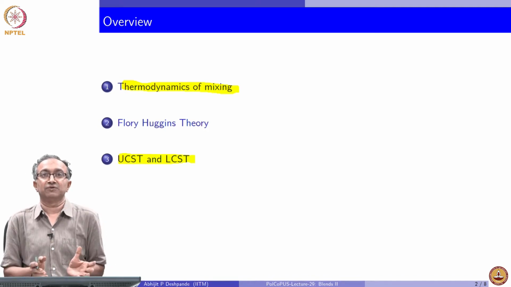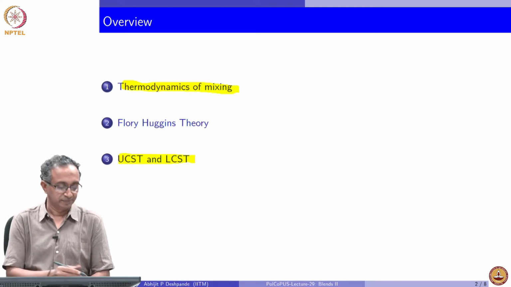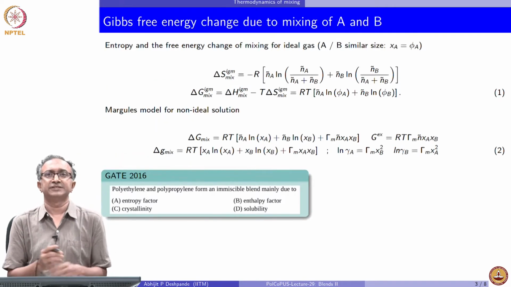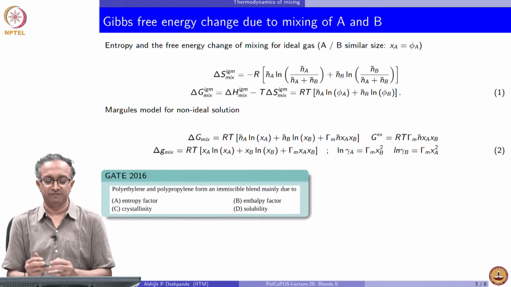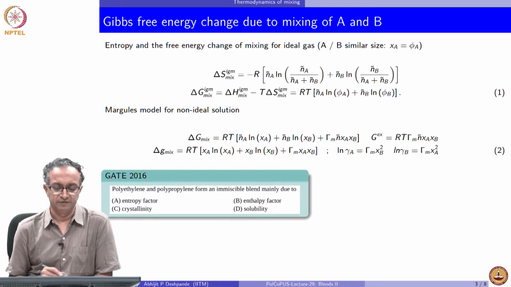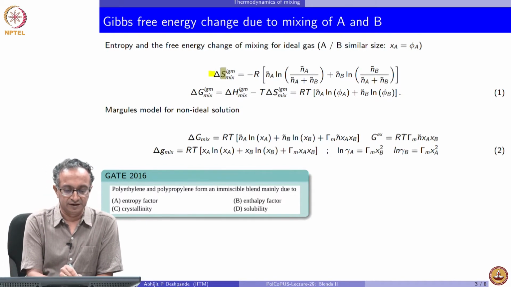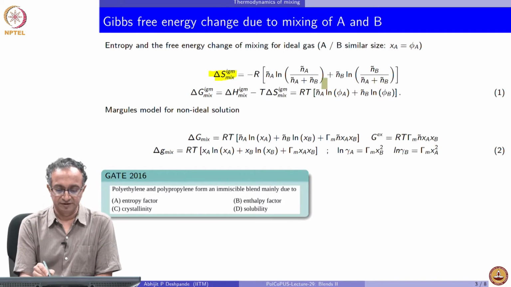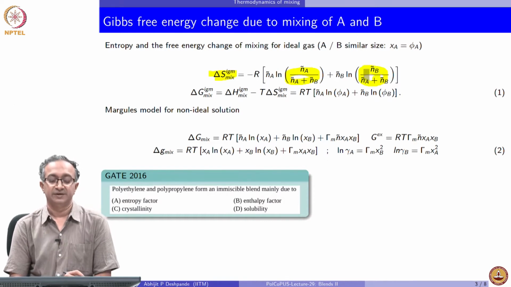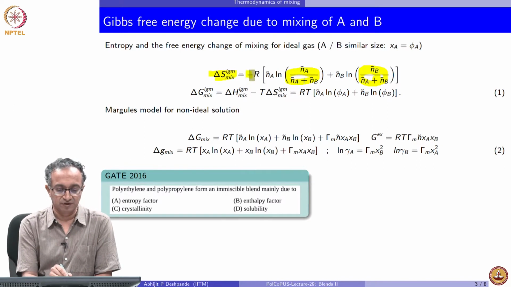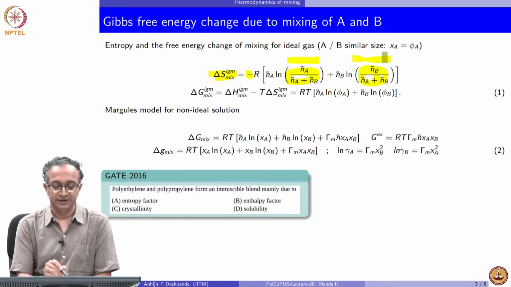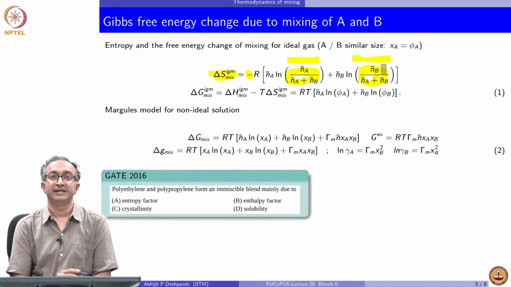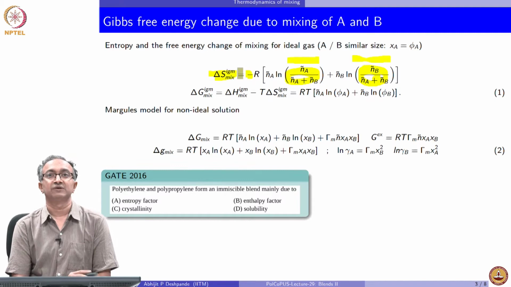However, the broad framework of analysis of thermodynamics remains largely similar. So for example, ideal gas mixing is something which we have seen from various physical chemistry and chemical physics courses, where the entropy of mixing is basically given by the mole fractions of A and B. And if you notice this, this is a negative quantity, and since mole fraction is less than 1, logarithms of mole fractions will be negative, and so the entropy of mixing will always be positive.